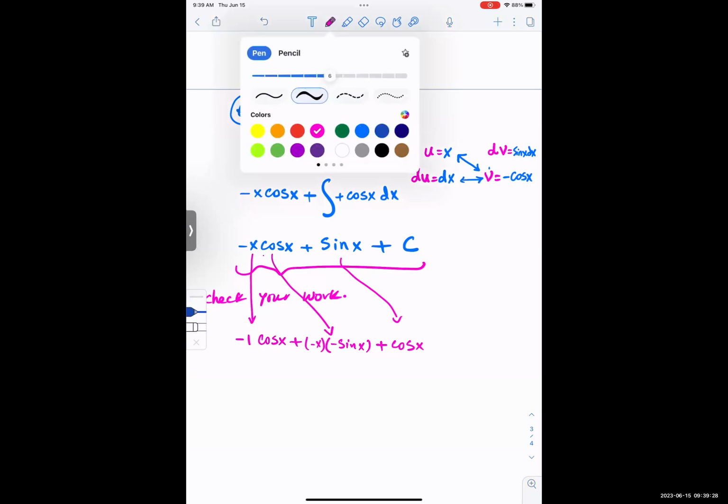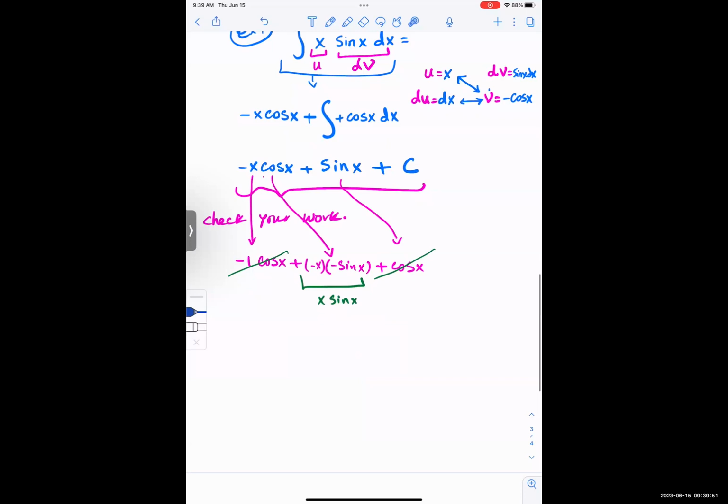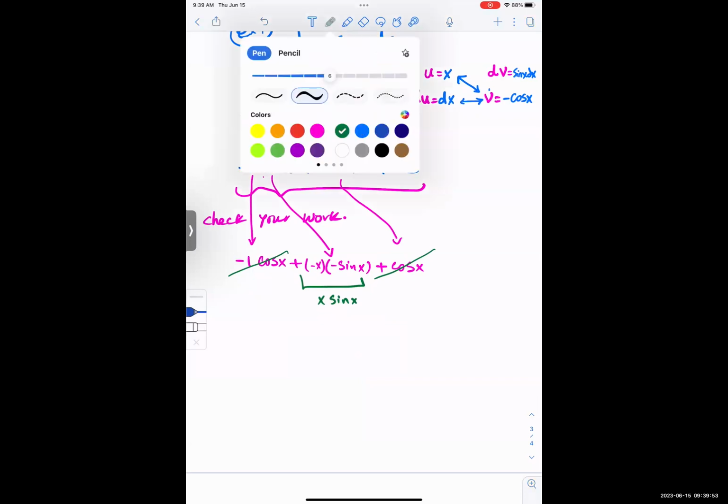As you can see, the cosines, positive and negative, cancel. The final result is the multiplication of negative x and negative sine, which is x sine x. Do you see that's the same thing as what we began with? That's how you can check your answer every time. Not that it's needed, but if you have time. Okay, any questions?